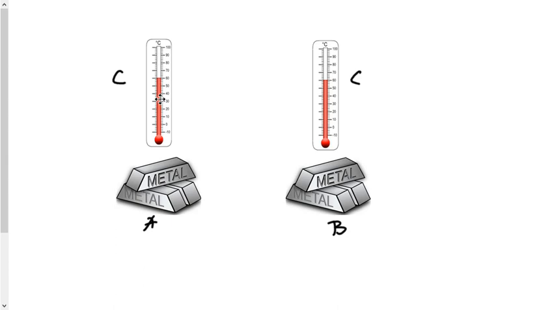So since object C is in thermal equilibrium with object A, and object C is in thermal equilibrium with object B, object A and object B also have to be in thermal equilibrium with each other. So what this means is all objects that are at the same temperature are in thermal equilibrium with each other.